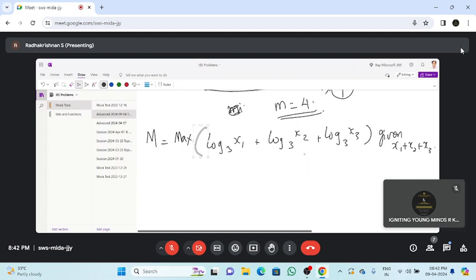So capital M value is 3, sir. Sorry, ma, you said something? Sir, I got capital M value 3, sir. Capital M as 3. Okay, good. What about others? Vishal and Snehan, did you get a value of capital M?